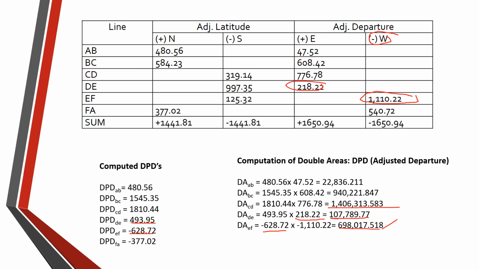Correct po, ma'am. Okay, tama. Next, for the double area of the last DPD natin or the last course FA, that is negative 377.02 times yung departure natin is a negative times negative 540.72, and that is equal to 203,862.254.